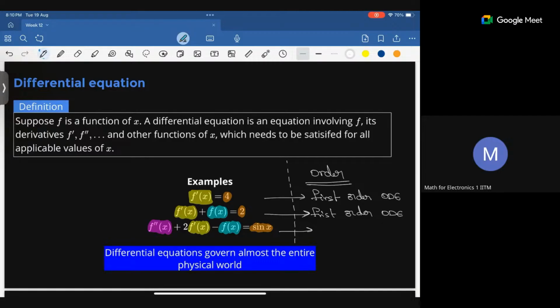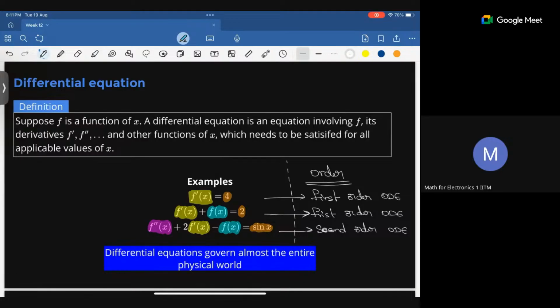And within these, the second derivative is the highest derivative. So it's a second order ODE. Right. So order basically captures the highest derivative that is present in the differential equation. That's it. So that's the order.